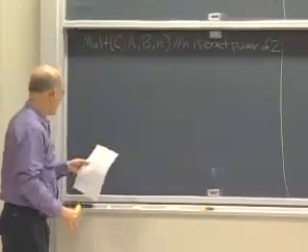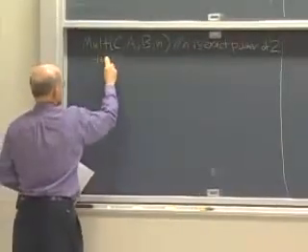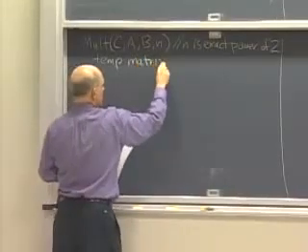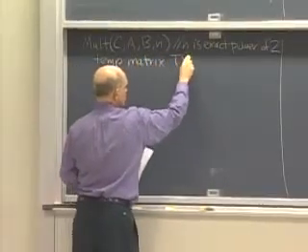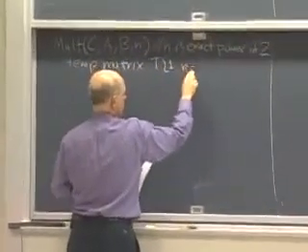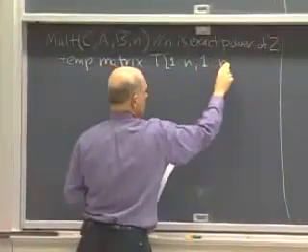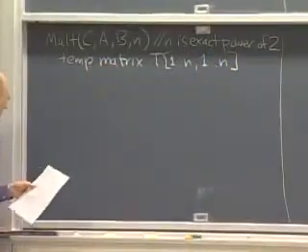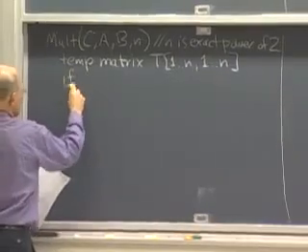And we're going to use a temporary matrix T, which is also n by n. And the code looks something like this.